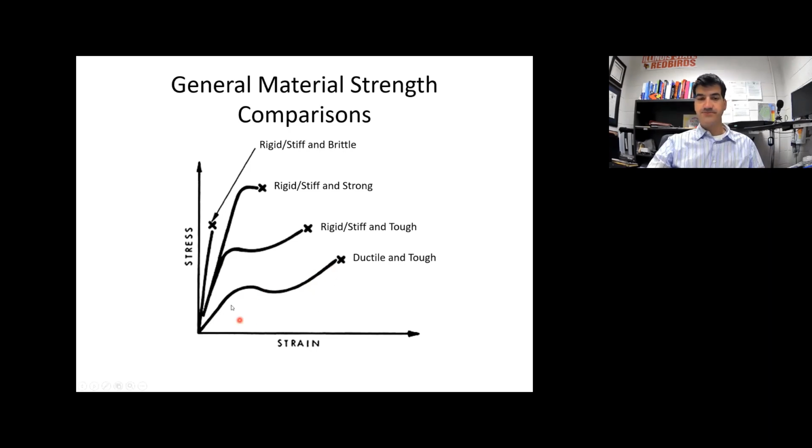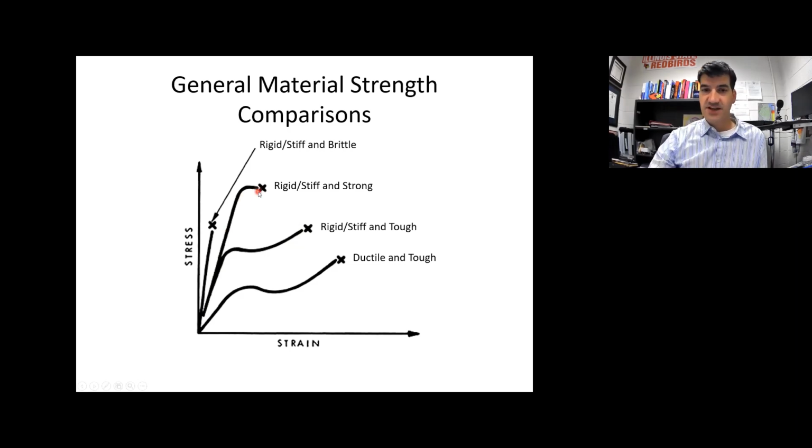This curve right here, the second one up from the bottom, we could say that it's pretty rigid or stiff. It has a high elastic modulus. Why? Because the slope of the linear elastic region here is pretty high. We'd also say this is pretty tough because it also has a pretty large area under this stress-strain curve.